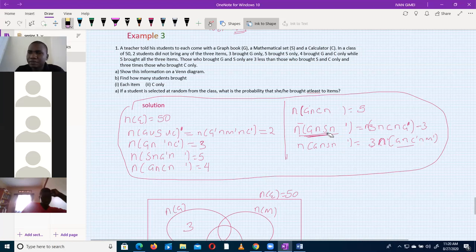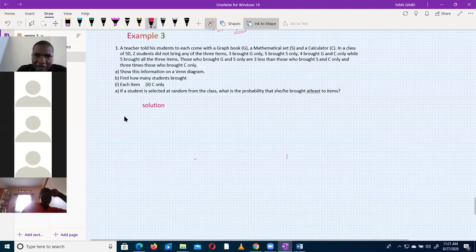So we're going to start interpreting it together again because we messed up with the symbols. A class has 50 students, so the number of elements in the universal set is 50. Then they're saying 2 did not bring any of the elements.